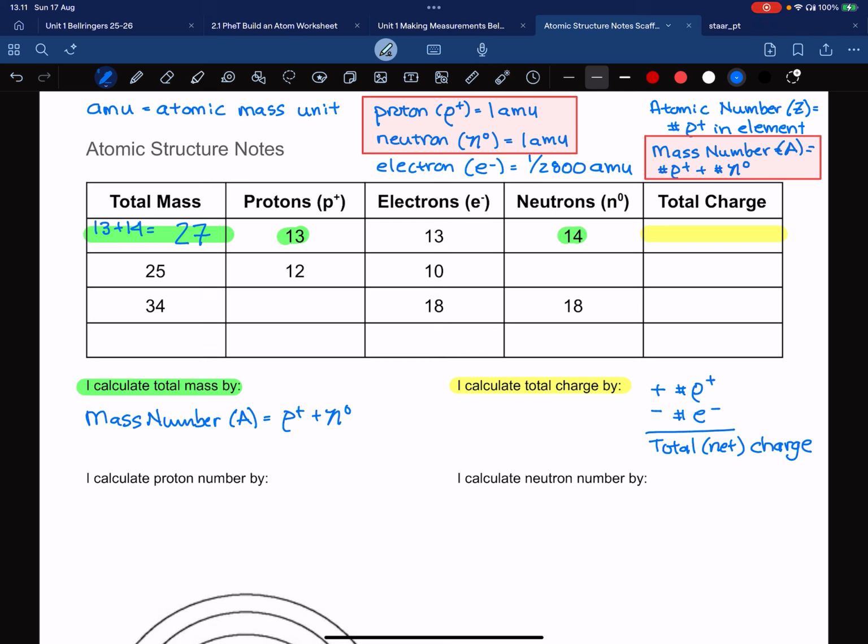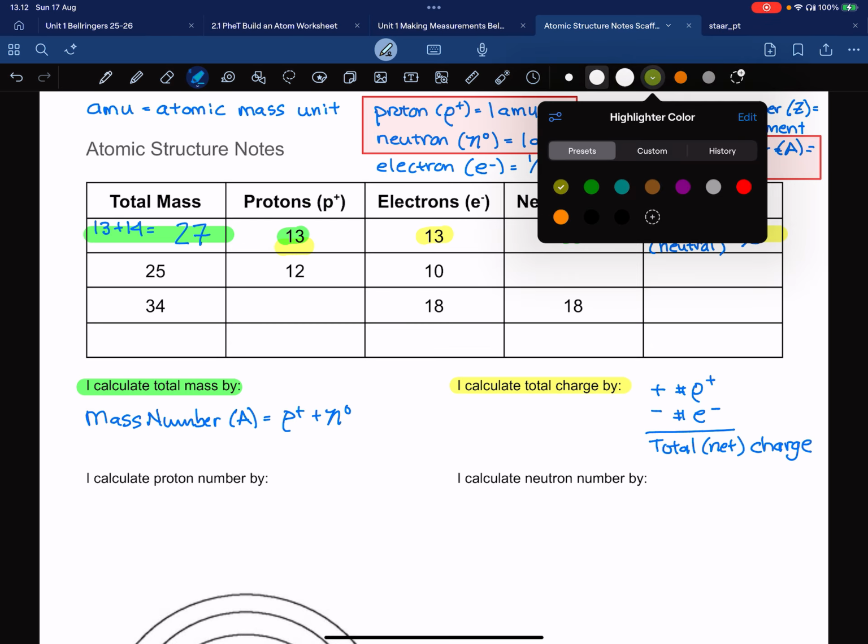So here I have 13 protons, I have 13 electrons, so my protons is positive 13, my electrons is negative 13, so my total charge is 0 or neutral.